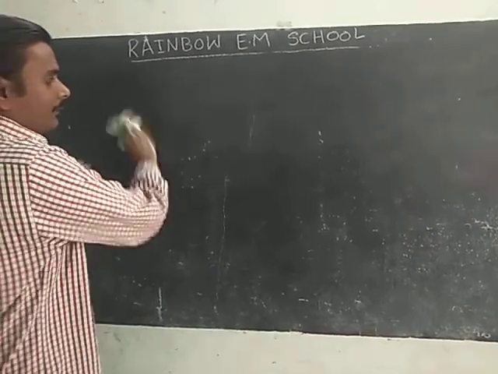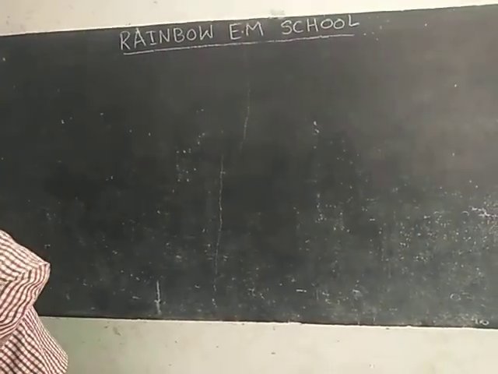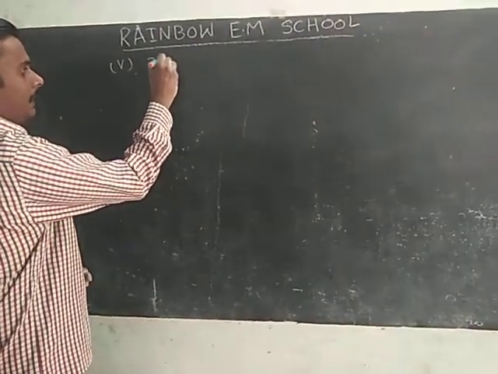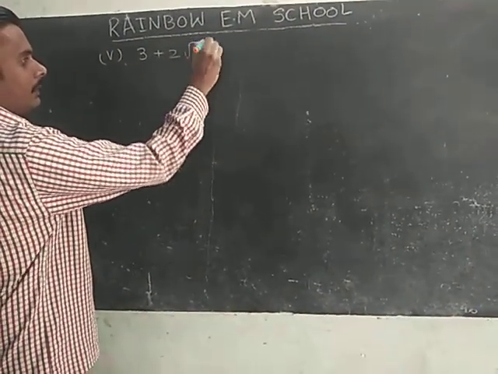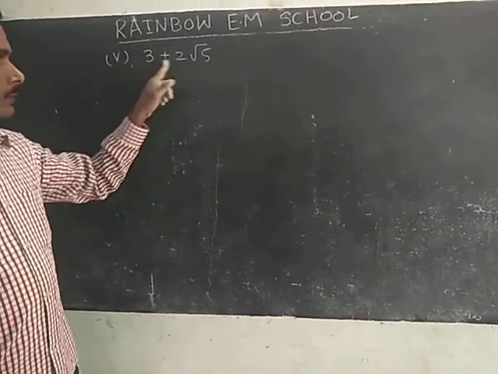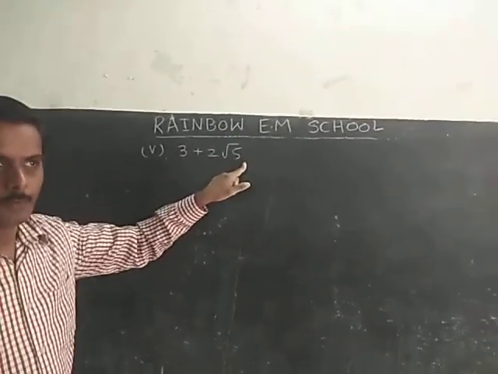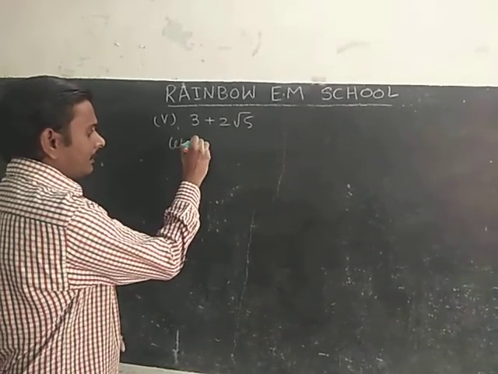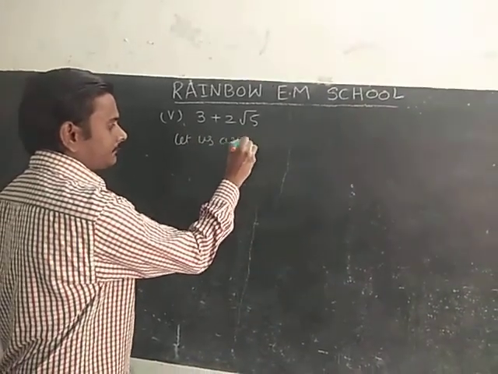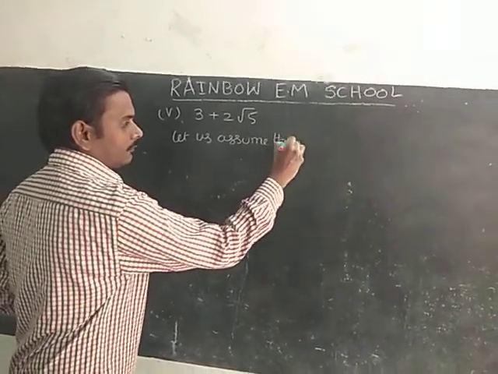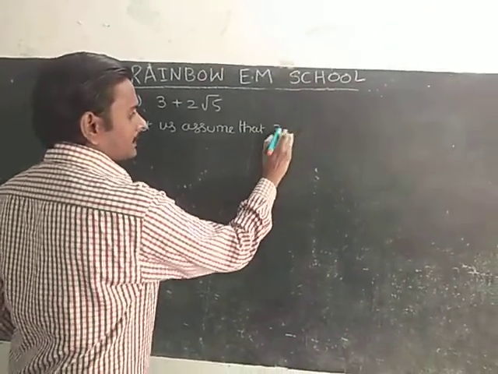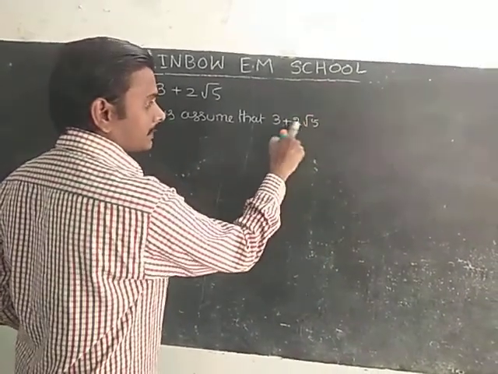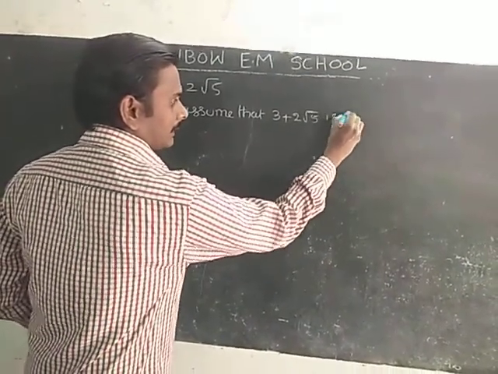In that first Roman only, we have another model sum. What is the sum? Fifth question: we want to prove that 3 plus 2 root 5 is irrational. We have to assume, let us assume that 3 plus 2 root 5 is rational.